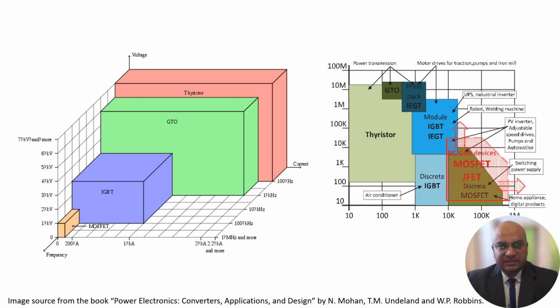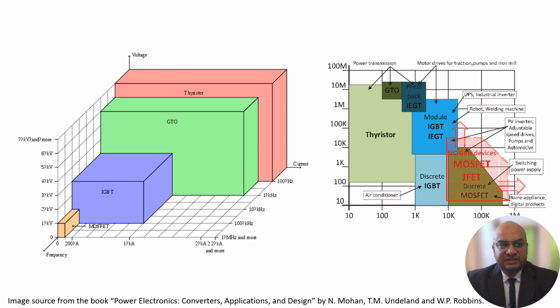Then in the next category, when you see GTO, which is shown here next to thyristor, it also has the capability of high current and high voltage rating, but here it is much better in terms of frequency response. You can see the frequency handling capability of GTO is much better than thyristor, and it provides, as we have seen earlier, different control capabilities as well.